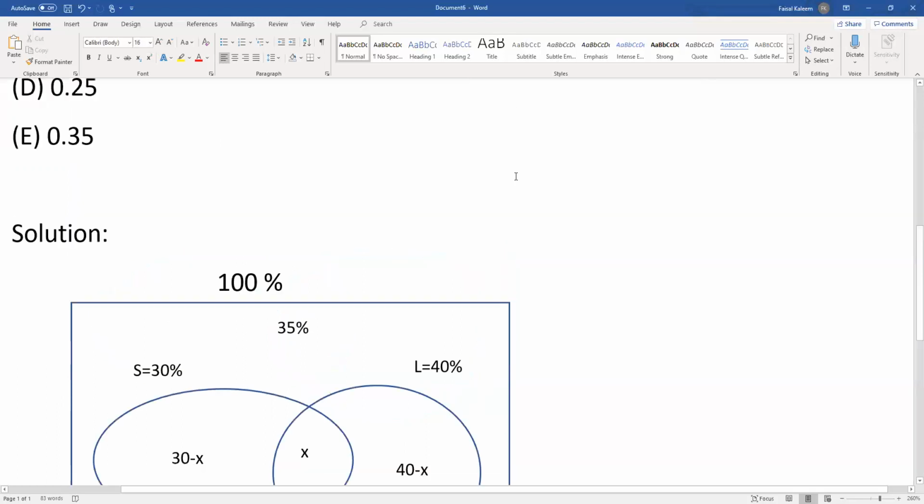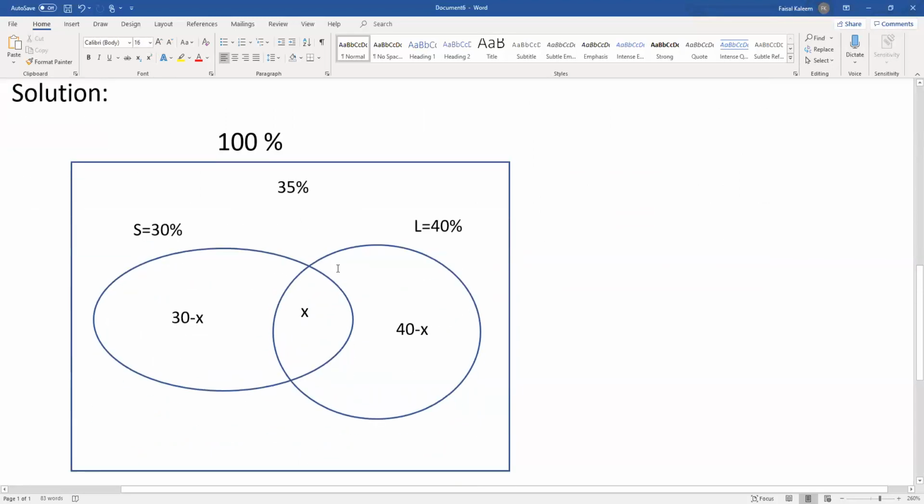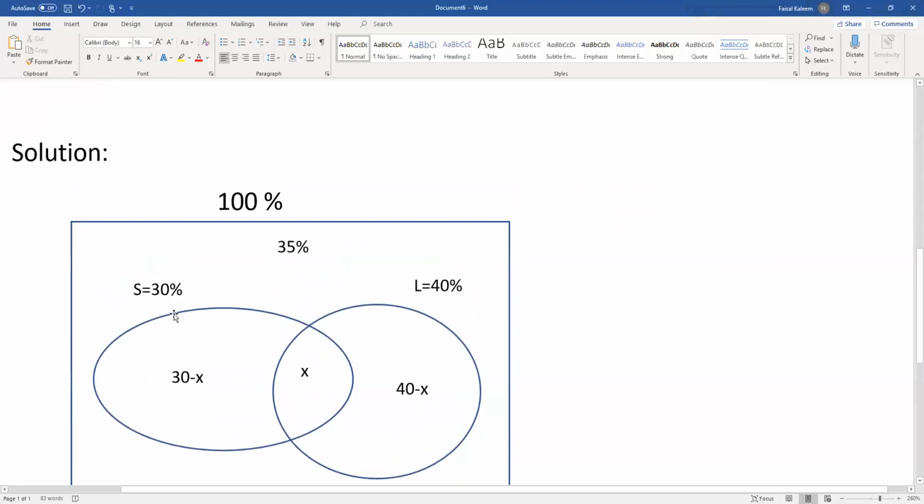What we need is the probability that a visit results in both lab work and referral to a specialist, which means we want the overlap of the lab work and the referral. The overlap of these two is indicated by this area. We've called that X because that is what we have to find.